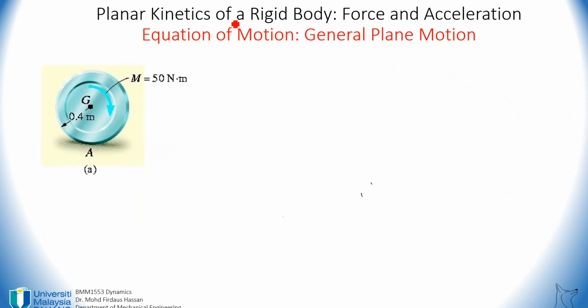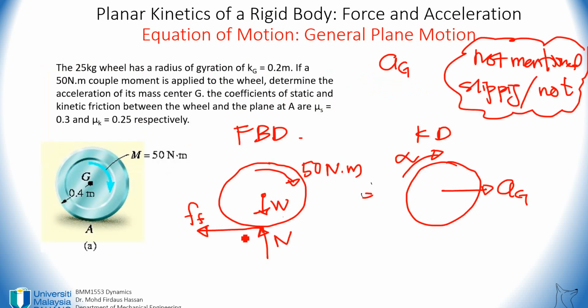So as usual, summation of force in x, to the right is positive, is equal to m aG x. So from the FBD, we have negative FF for the force, and that's all.